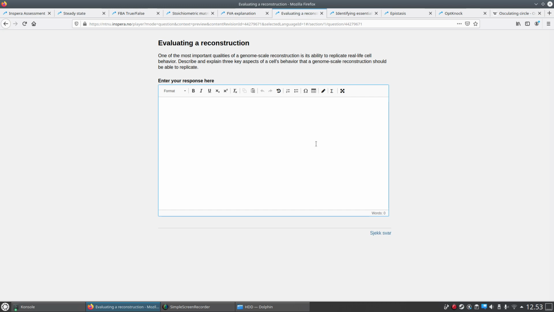There are of course many possible choices, so I'm just going to point out three that I feel are relevant. First is the ability to replicate growth rate and secretion of metabolic byproducts.